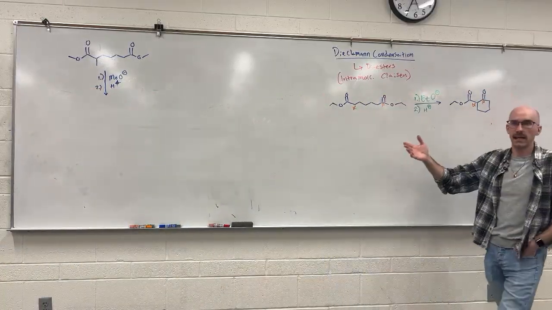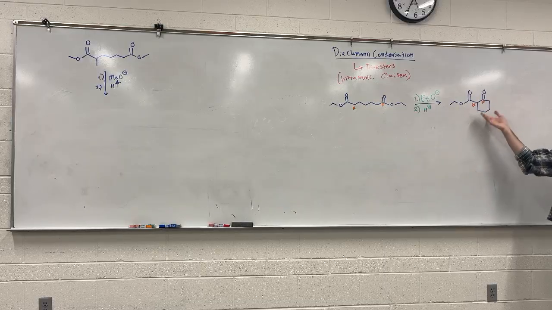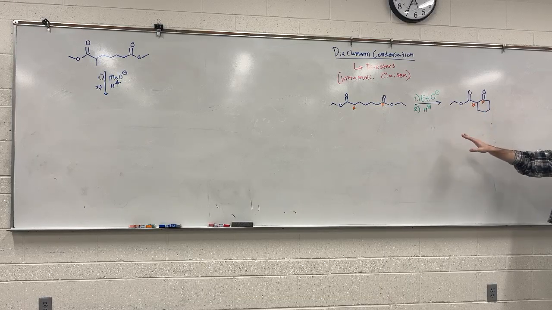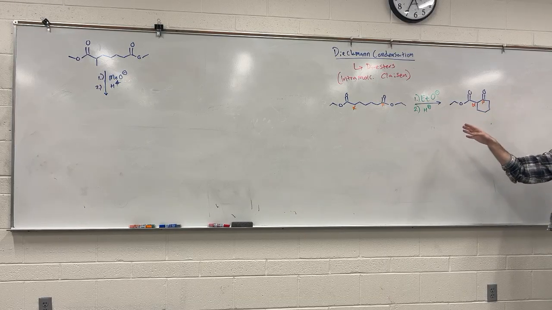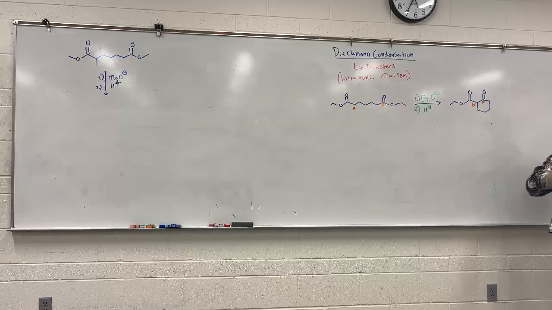Last time I said it doesn't matter which position you call alpha, the other carbonyl will become beta. These are symmetric, so it doesn't matter how it gets attacked. But now there is a difference. One carbon is more substituted than the other. So the product that you get at the end will have that methyl group at different places.